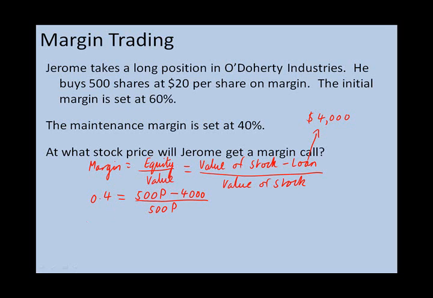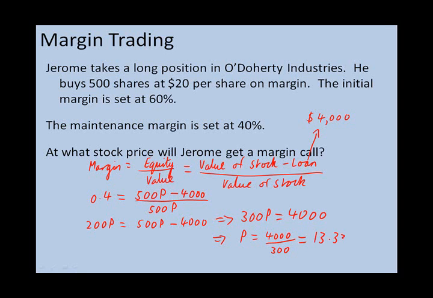So we get 200p equals 500p minus 4,000, which means 300 times the share price is equal to 4,000, which leads to the price being equal to 4,000 divided by 300, which equals $13.33.